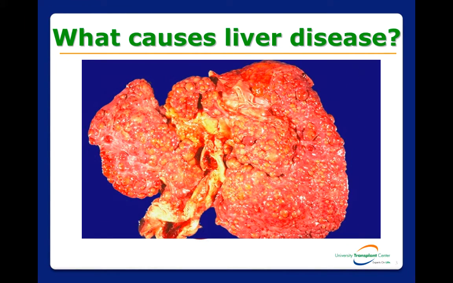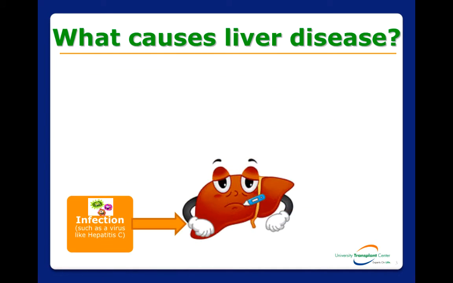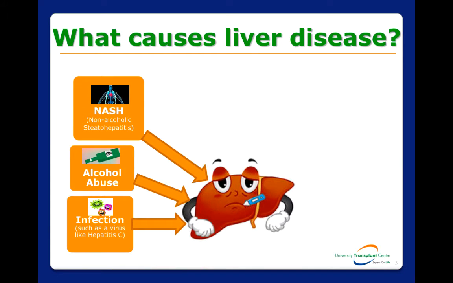What causes liver disease? There are many different causes of liver disease or liver failure. Infection, such as a virus like hepatitis B or C, alcohol abuse, NASH, also known as fatty liver disease, which may be caused by diabetes, obesity, or malnutrition.